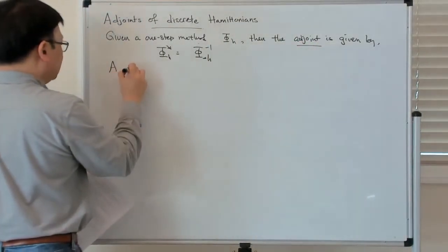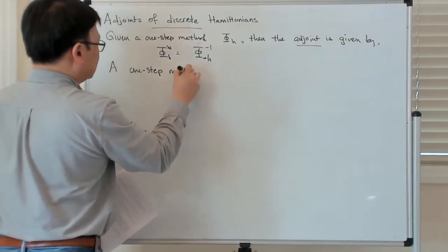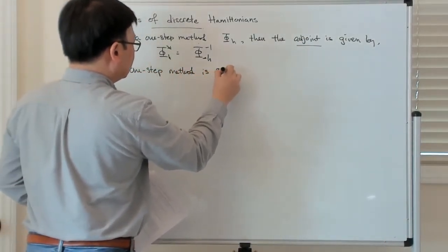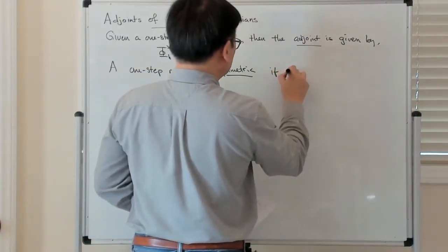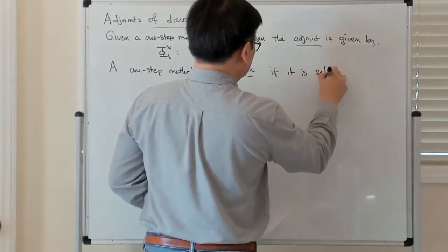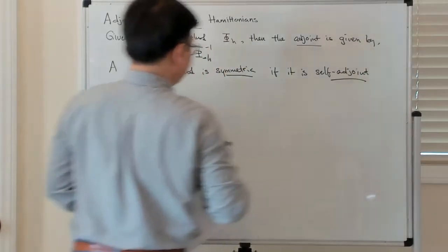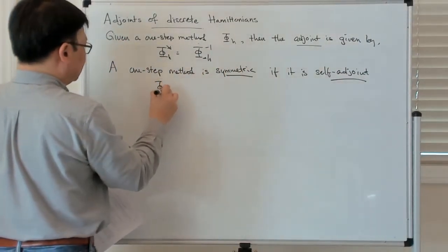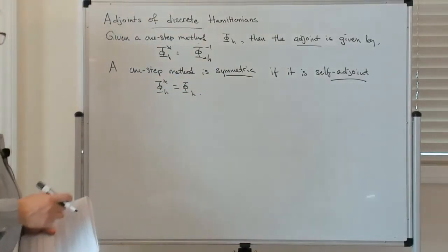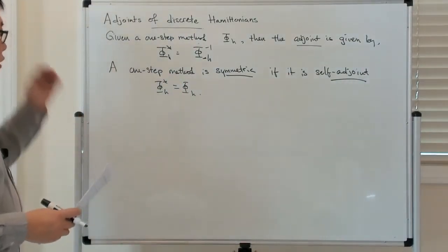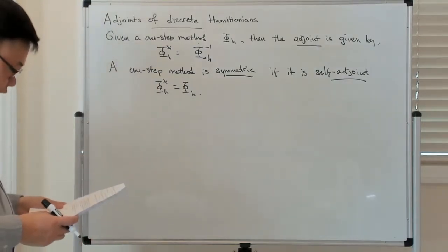So a one-step method is symmetric if it is self-adjoint, which basically means that it is its own adjoint. And in particular, all exact time h flow maps of continuous dynamical systems are self-adjoint and hence symmetric.